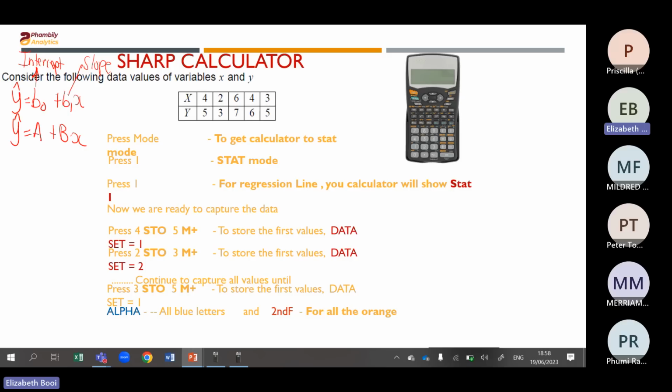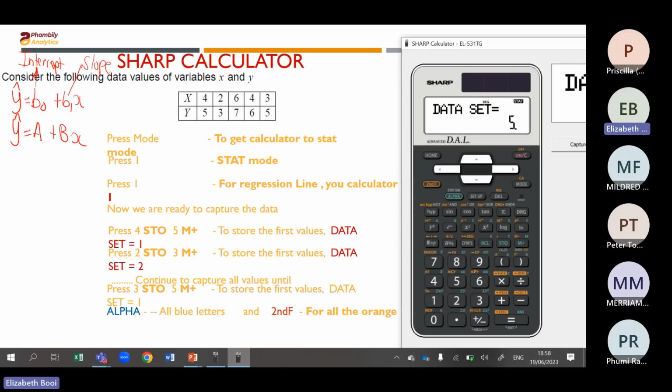It means I've got all of them on here. Once you have entered your data, you can press the on and off button, and it will go back to your stat 1 mode. Remember, the data is stored on your calculator.